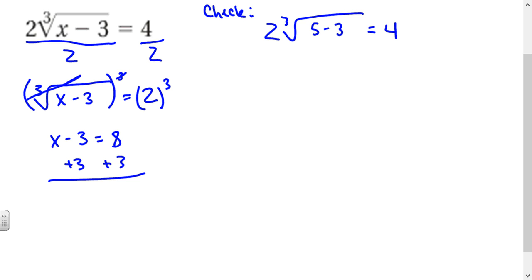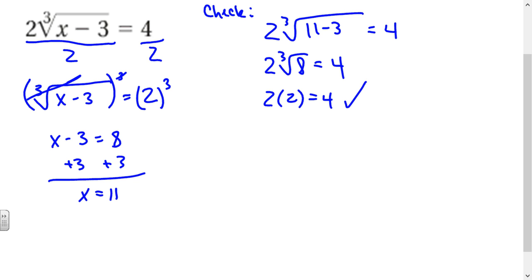Apparently I'm getting ahead of myself. So 8 plus 3 is actually 11. So that would be why it wasn't coming out right over here. So let me grab my eraser really quick. And so here is 11 minus 3. That makes more sense. So 11 minus 3 is 8. So we have 2 times the cube root of 8 equals 4. And if you take the cube root of 8, it's 2. And 2 times 2 does equal 4. So that is the correct solution.